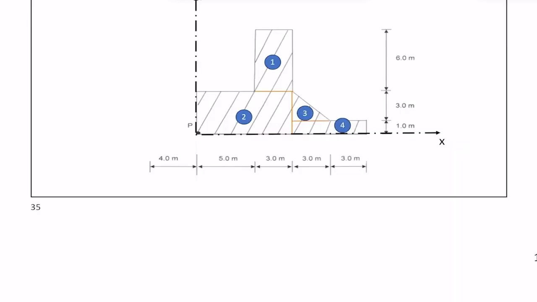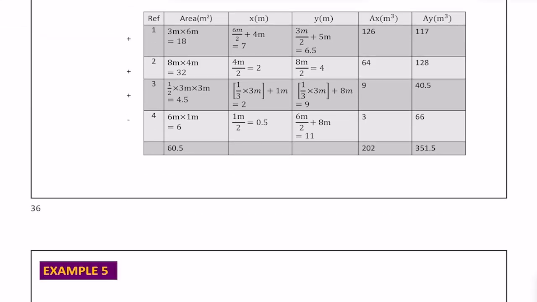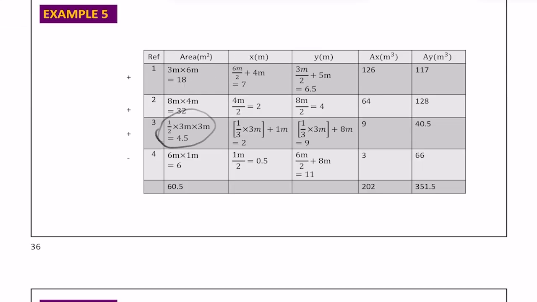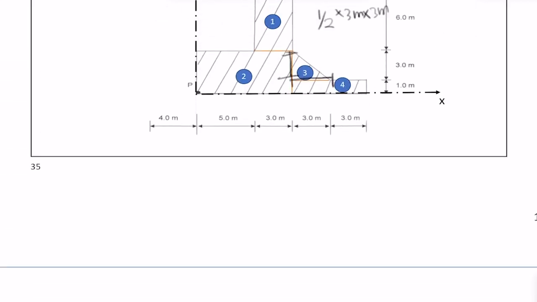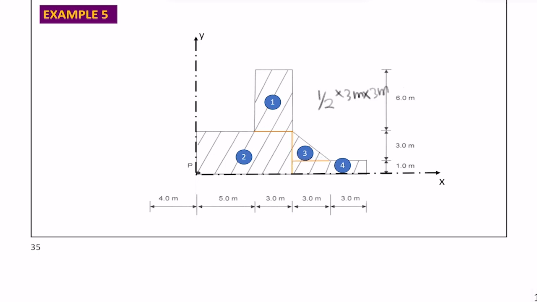For section 3, it is a triangle. Therefore, the area will be half times the width 3 meter times the height, another 3 meter. And the distance from the x-axis, which is the x bar, will be from the centroid to the x-axis.